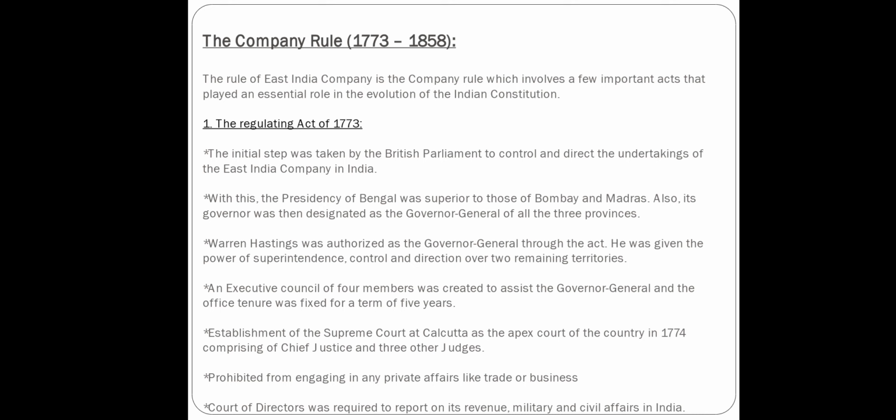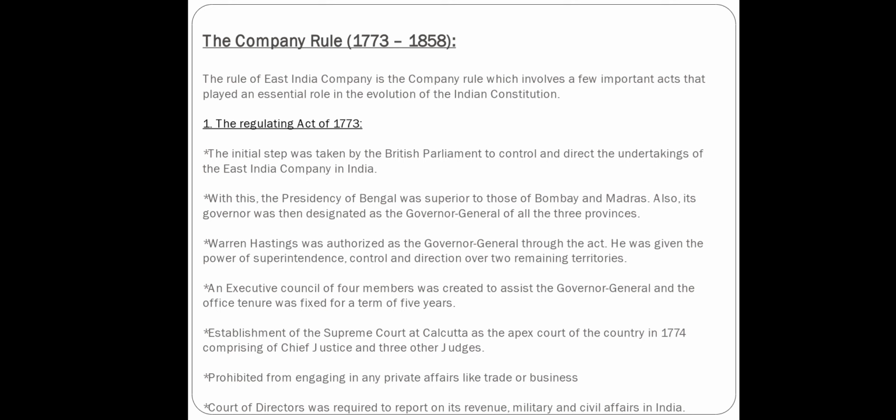Before the 1773 Act, a private company of British people, backed by the British government, entered India, established their rule, and then enjoyed the monopoly of trade with Indian people and in the Indian market.